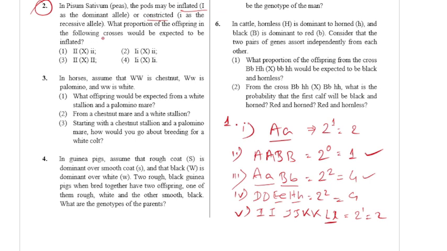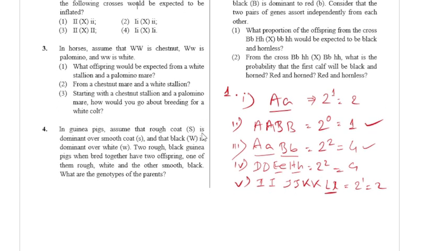The proportion of offspring expected to be inflated in the following crosses. First, capital I capital I crossed with capital I small i. This is the parental generation, so we can get all inflated in F1. So this will be 100% inflated.